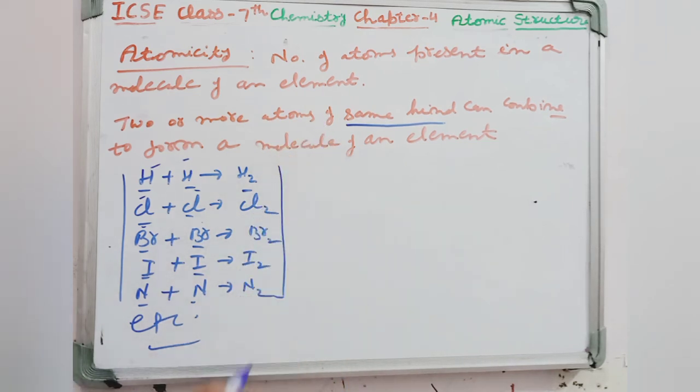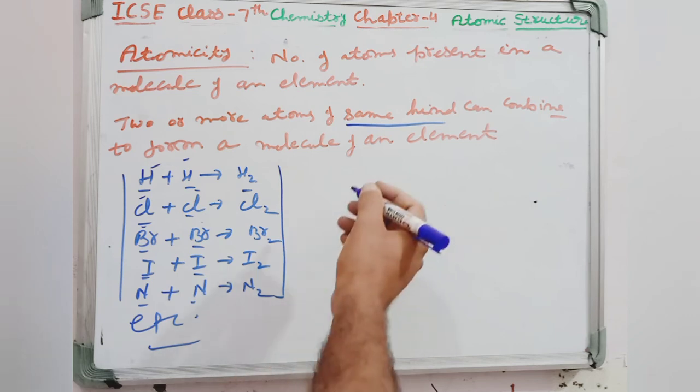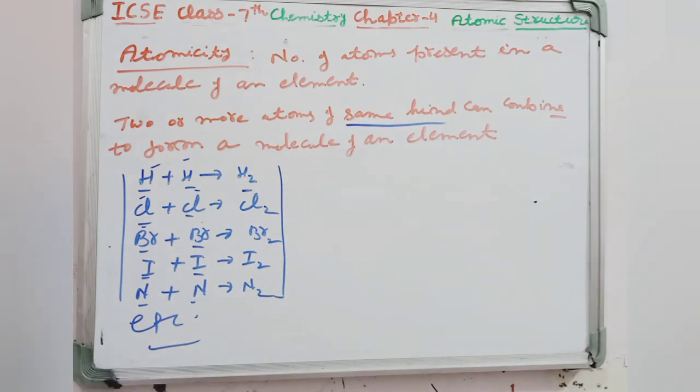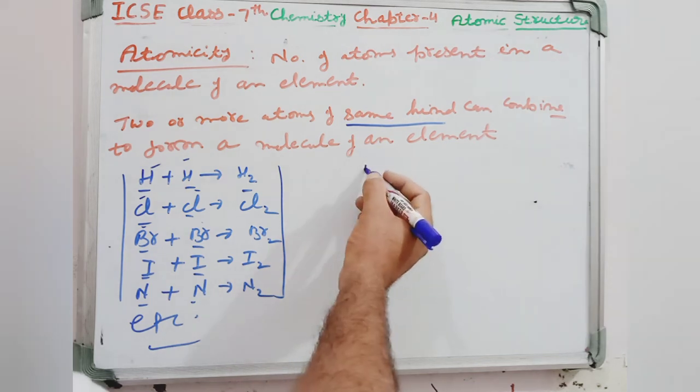Here you can't say them monatomic. Monatomic will come in the next. Here the concept is the same kind. Now can it be a different kind also?